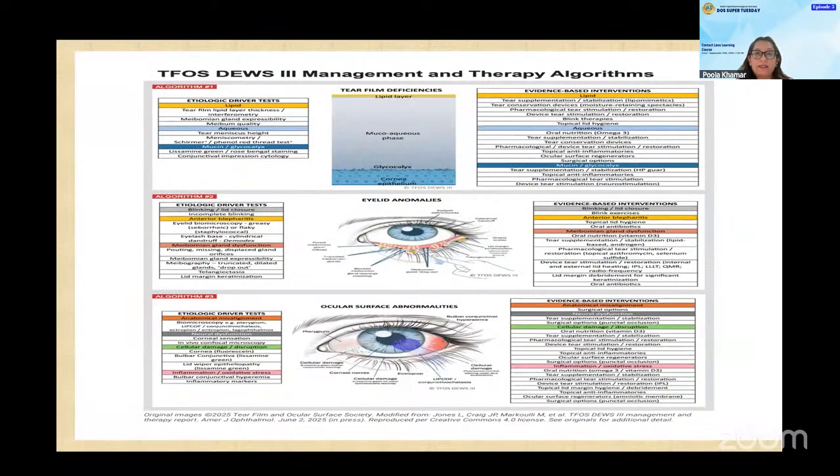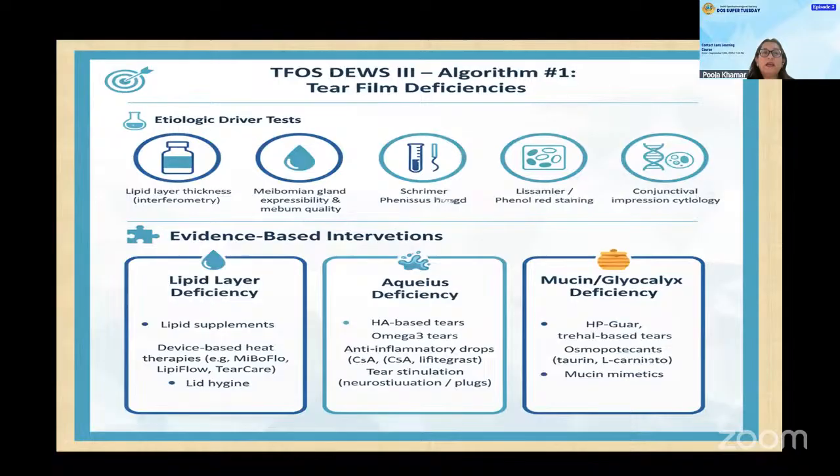And these are the three algorithms: tear film deficiencies, eyelid abnormalities, and ocular surface abnormalities. Basically, what etiologic driver tests you should be doing, and based on that, if it's a lipid layer deficiency, aqueous deficiency, or mucin deficiency, what kind of treatment you should be giving.